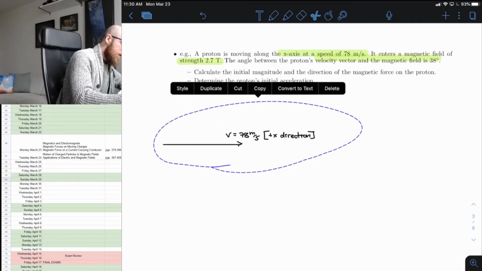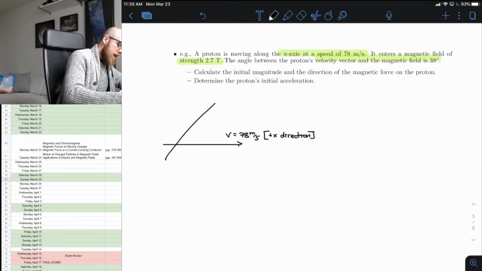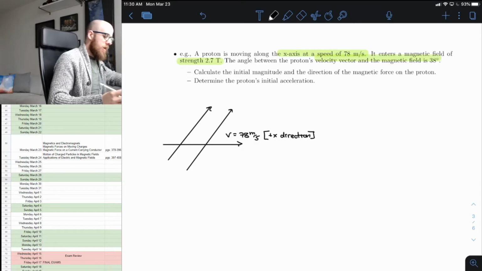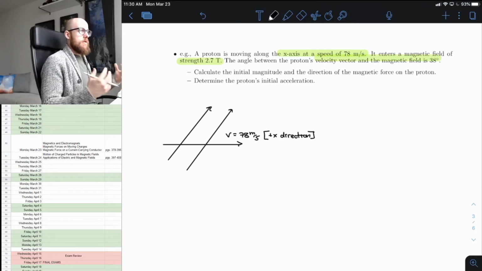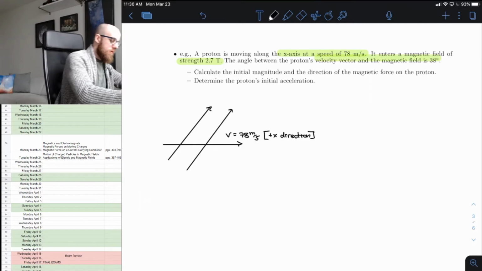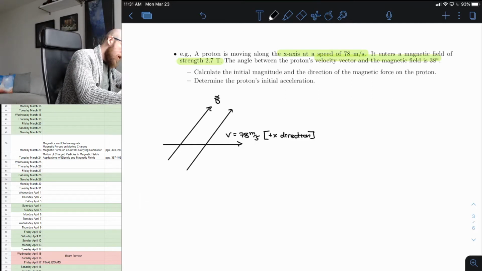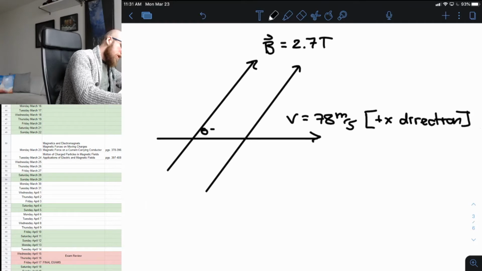As we saw with that little video at the start, the magnetic field permeates all of this space. I think we're assuming it's a constant magnetic field, so it's not changing as the particle moves. So the magnetic field everywhere is 2.7 Teslas, and the angle between them is 38 degrees.